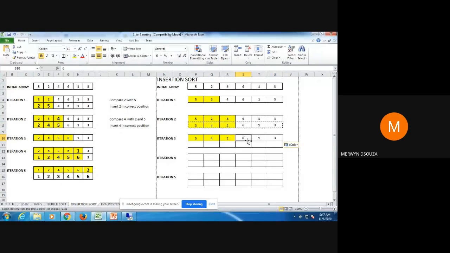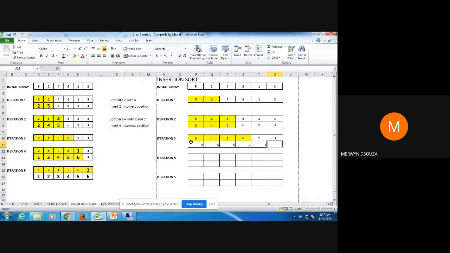Now in the next iteration, you're going to include one more element, that is 6. Compare this. You want it in descending order. This is the new element 6. Is it in the proper descending order? No. 6 should be in the first place. So you will put 6 here. You will get 5 here, 4 here and 2 here.